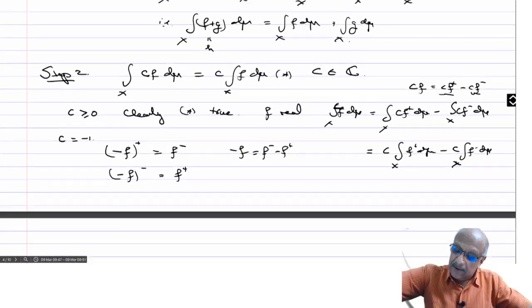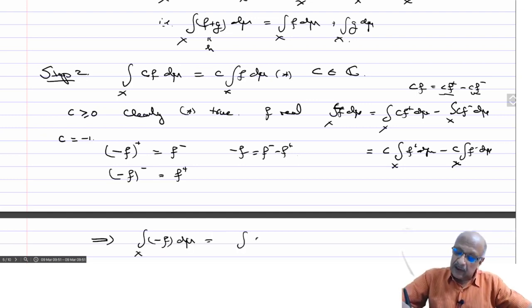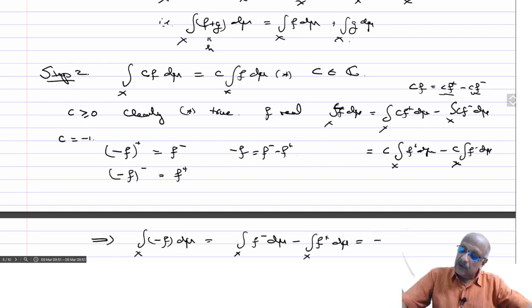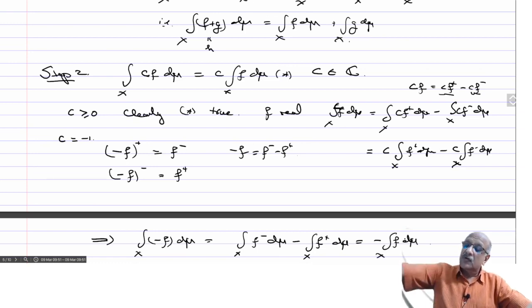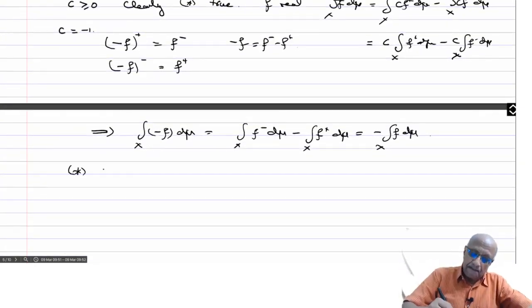So obviously integral of minus f d mu over x is equal to integral of f minus d mu over x minus integral of f plus d mu over x, which is equal to minus integral of f d mu over x. So it's true also for this. Therefore star is true for all c real.